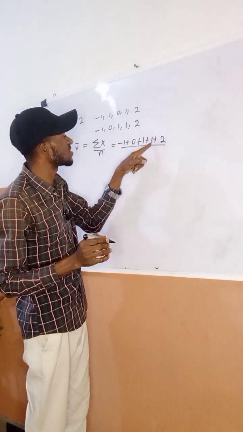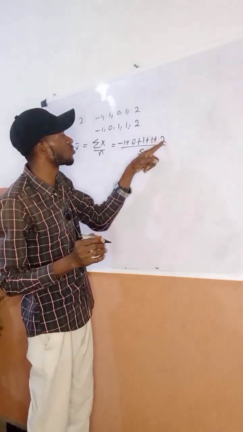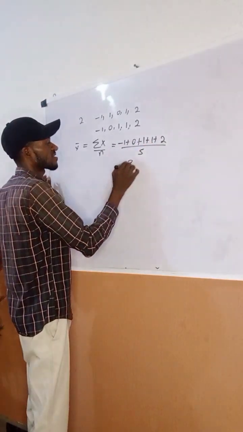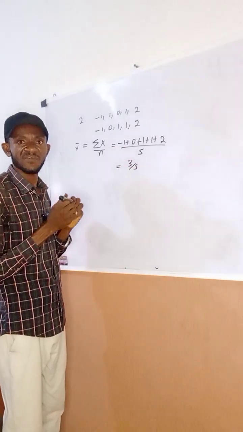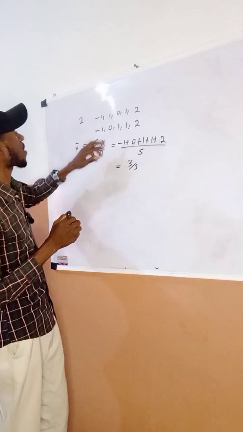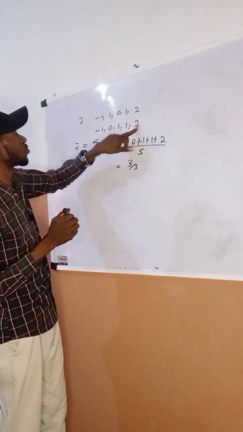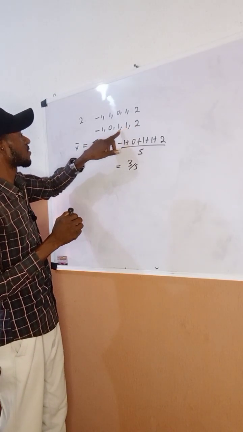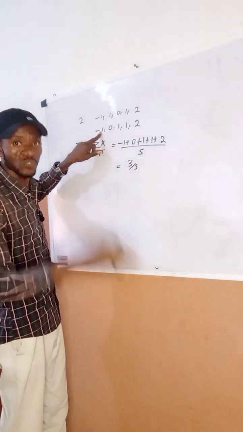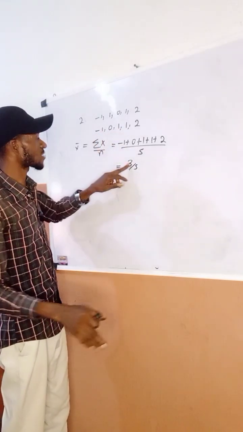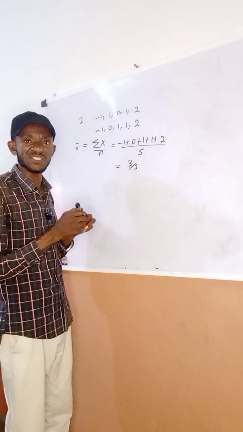So I have 1 plus 2, which is 3. So I have 3 over 5. So my mean is 3 over 5. Because you can equally say this is 2 plus 1, 3, plus 1, 4. This one is minus 1, which will reduce that 4 to 3. That's why I have 3 over 5. So this is the mean.